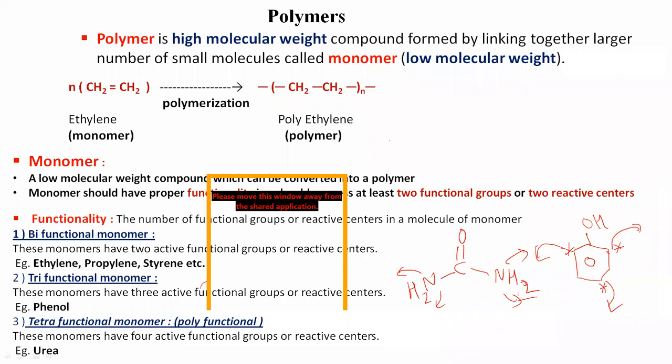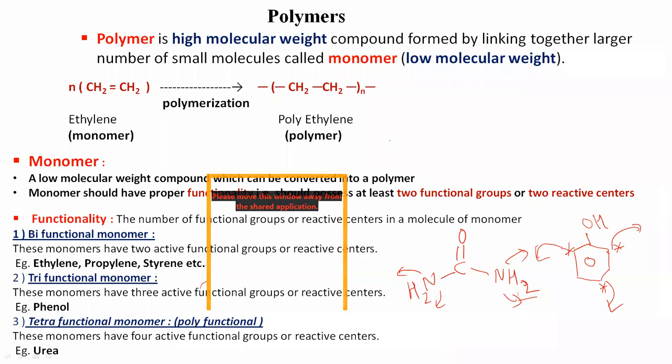So in short, let me summarize this. Polymers are high molecular weight compounds formed by repeated linking of monomers, which are low molecular weight compounds. Now what are monomers? All organic molecules cannot be monomers. A monomer is a special category where the molecules have proper functionality, meaning an active functional group or reactive site, either a functional group like COOH, CO, NH2, amide, whatever.